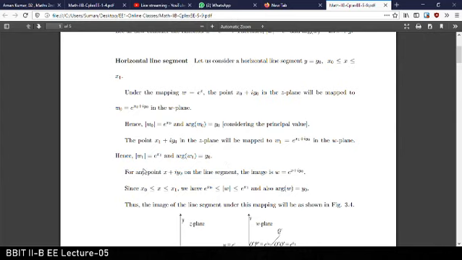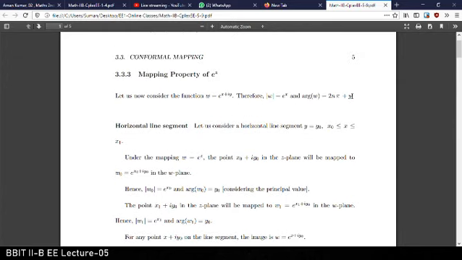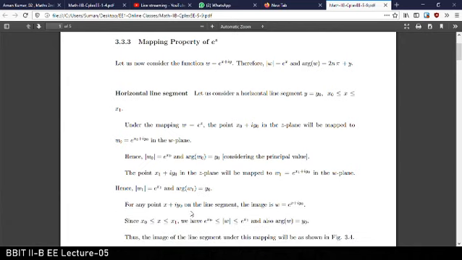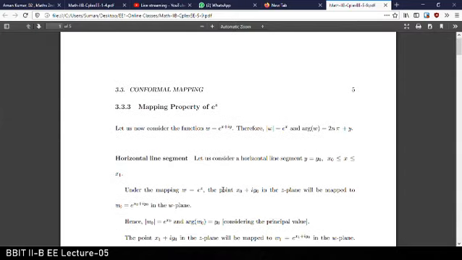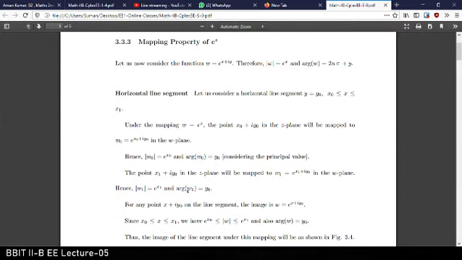The modulus of w1 is e to the power x1, and the argument of w1, since it depends on y only, will be y0 again. That means the image has been rotated by an angle y0.